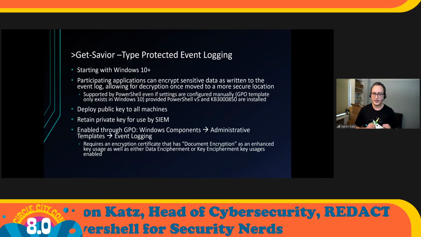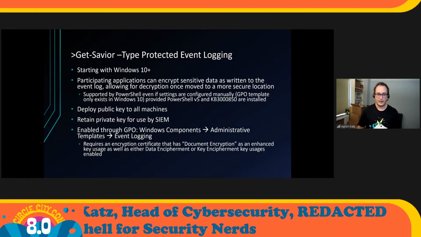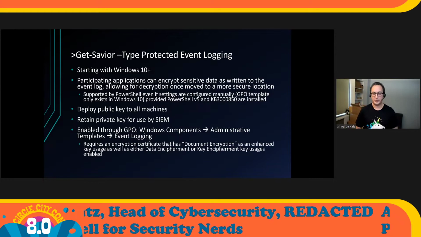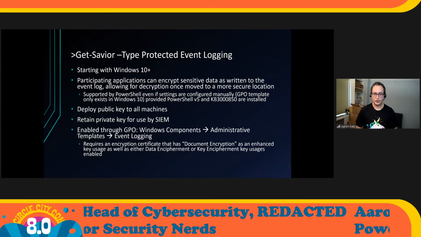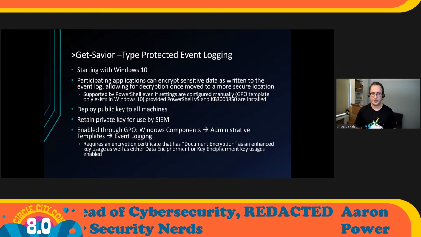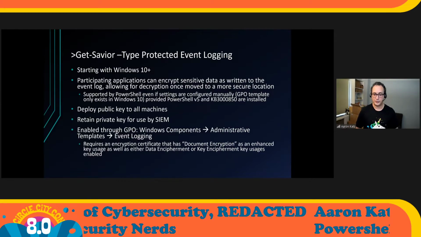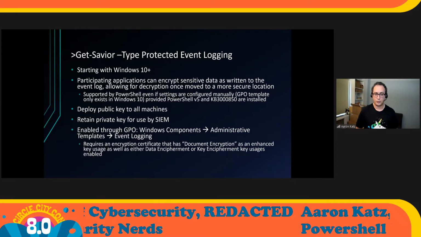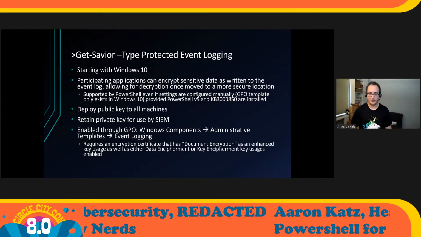And then the next is somewhat tangential, but it's protected event logging. One of the problems you'll notice, if you're really logging everything, is you're going to end up with credentials and sensitive data in those logs. Whether an attacker ends up being able to view those logs because they're on the system directly, or you're putting it into your SIEM, you want to turn on something called protected event logging.